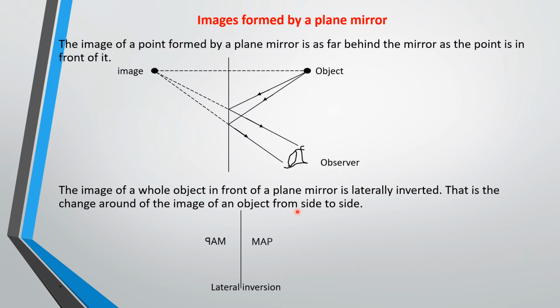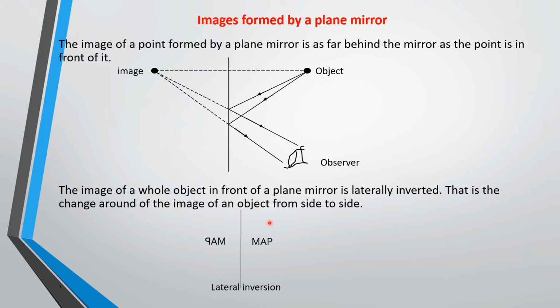That is called lateral inversion. Your right eye will be your left eye in the image and your left eye will be your right eye. That phenomenon is what is called lateral inversion.